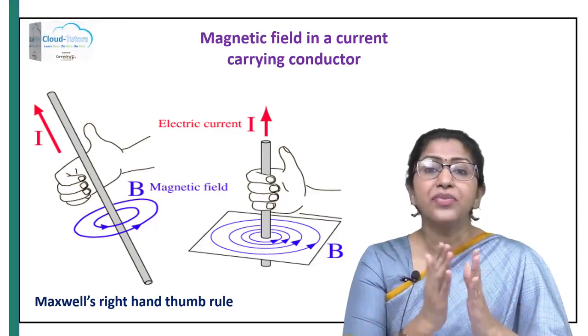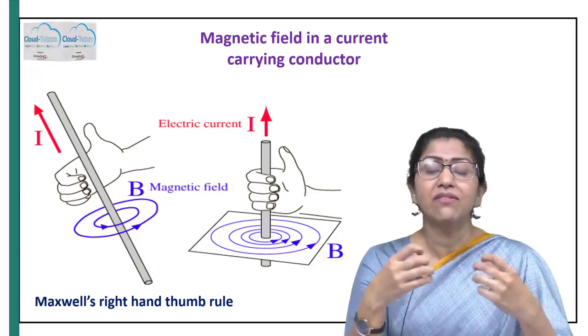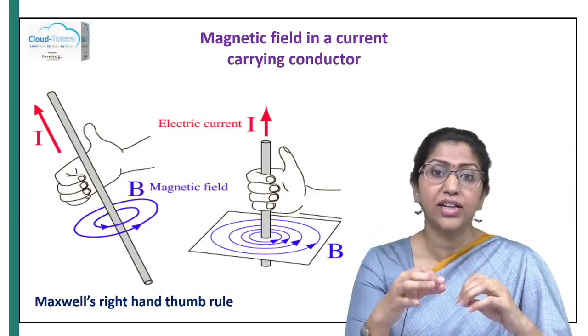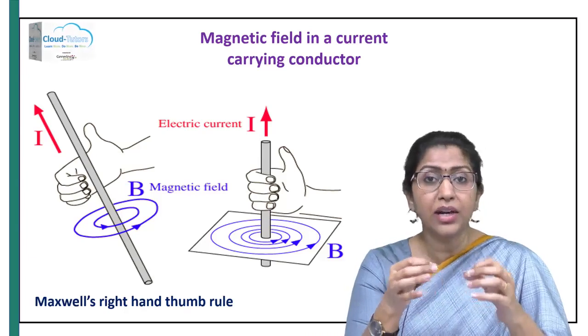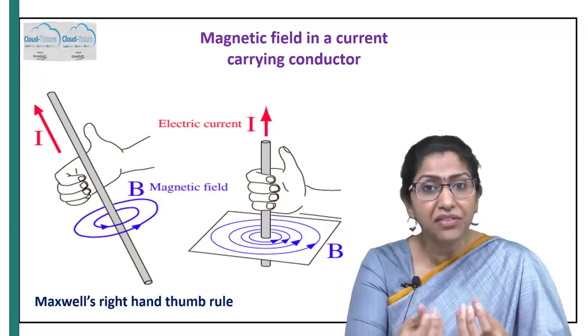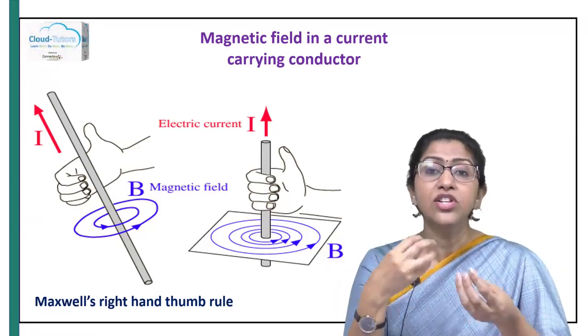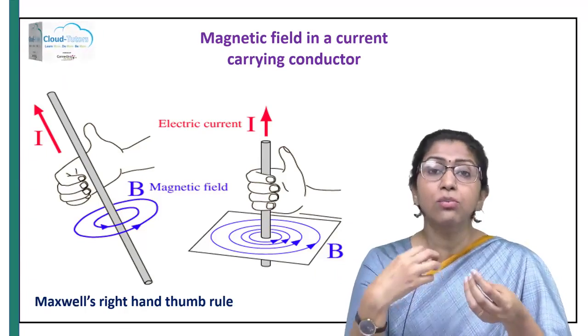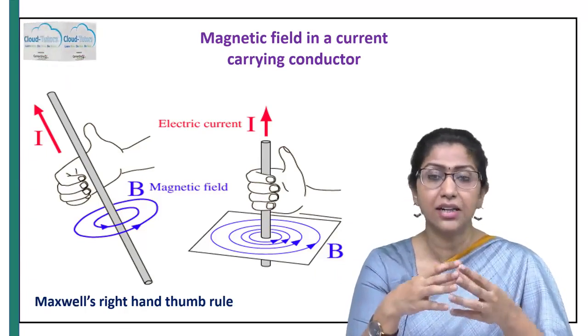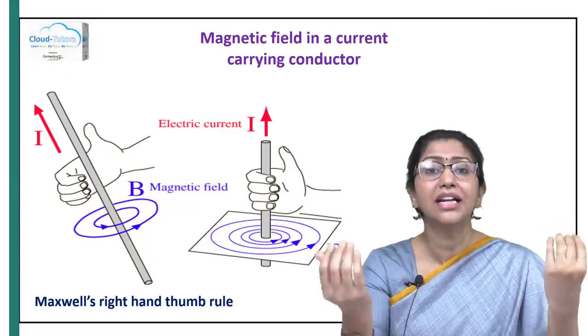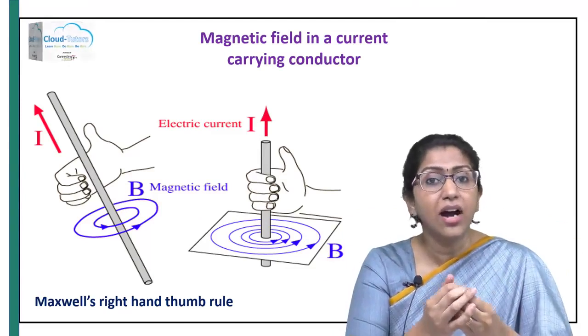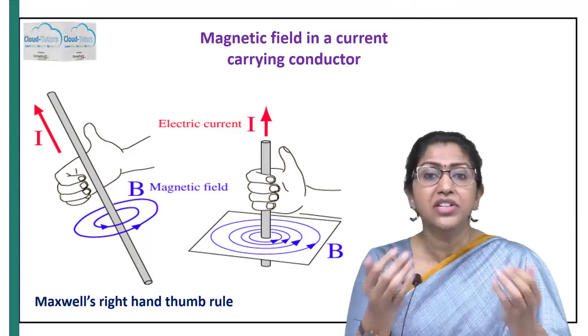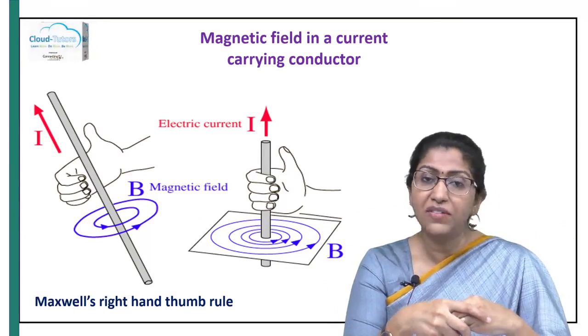So why did that happen? Because when we pass electric current through a conductor, a magnetic field is induced due to moving charges inside the conductor. There is a magnetic field induced around the copper wire, which we have seen in our previous session as well.